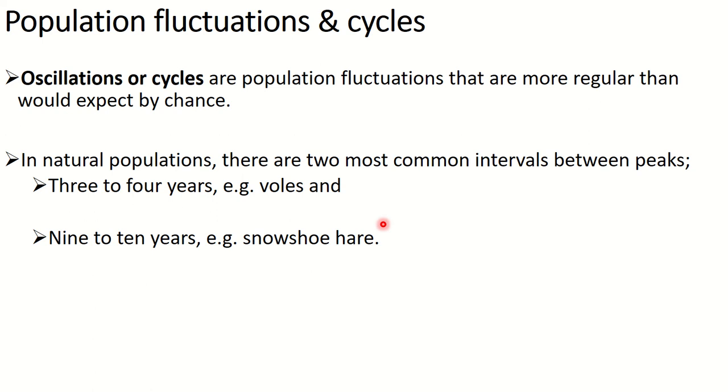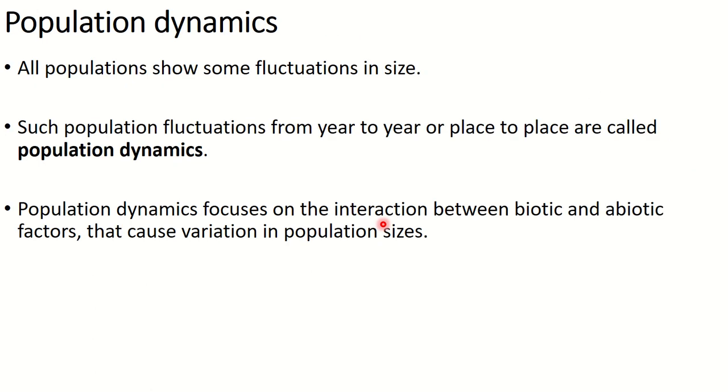So it happens over generations. All populations show some fluctuations in size, and it may be small fluctuations when elephants, for example, reach that equilibrium. It can be massive changes in rabbits, for example, that can fluctuate quite consistently over time.